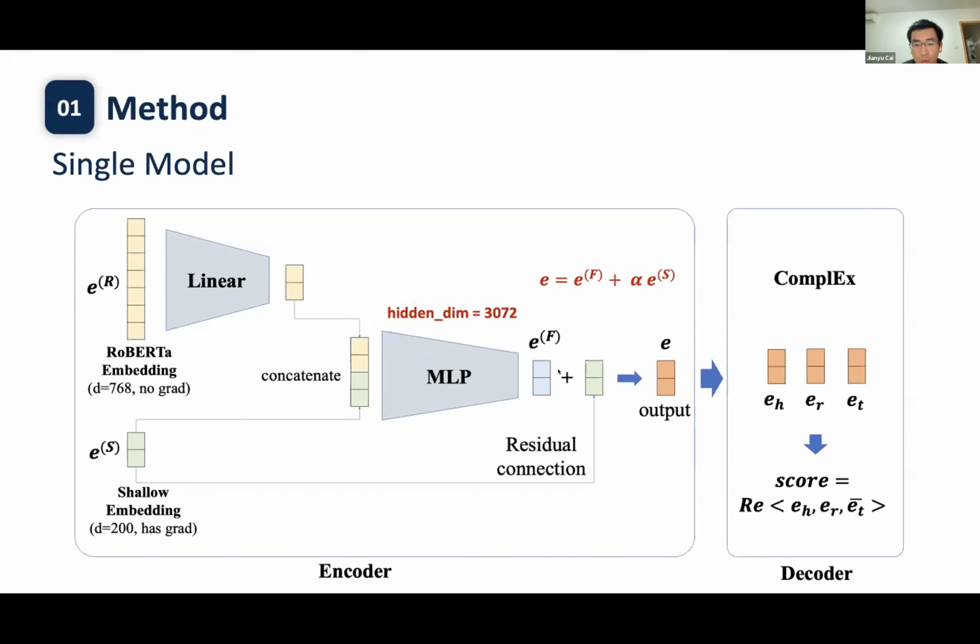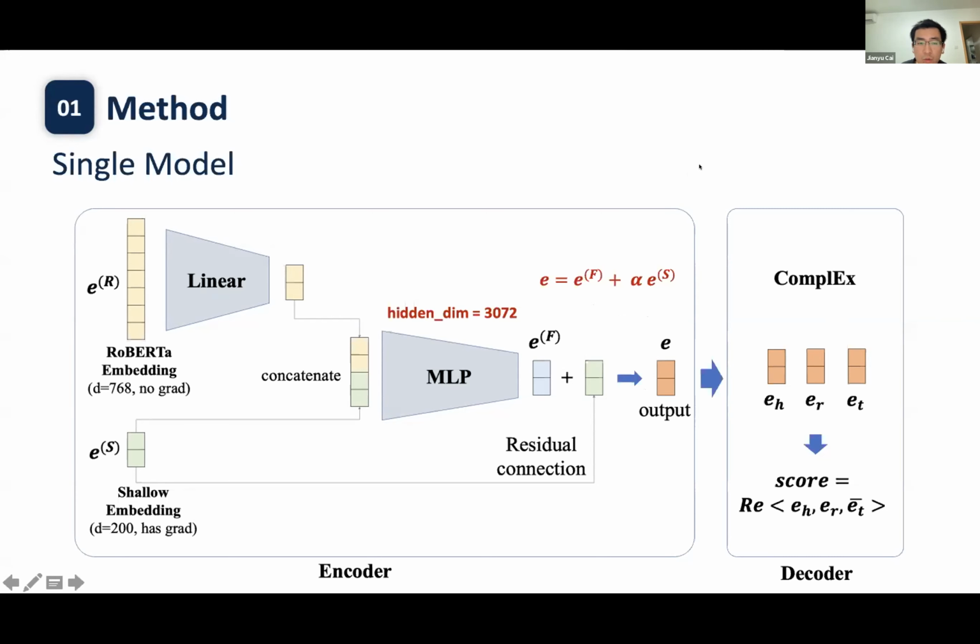After the MLP, we applied the idea of residual connection that directly adds the shallow embeddings to the final output. We also add a scalar parameter alpha so that it could be learned to control the range of the shallow embedding added to the final output. We believe this residual connection works because it constructs an ensemble method in the feature, which is then used in the final prediction of ComplEx.